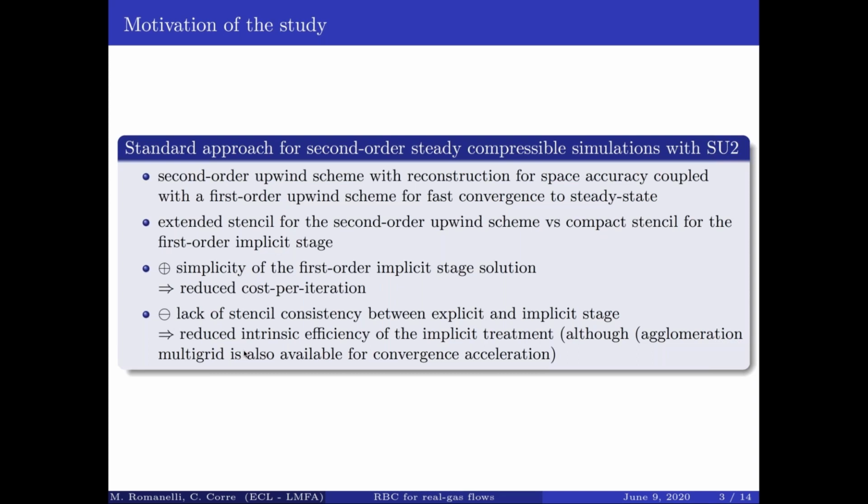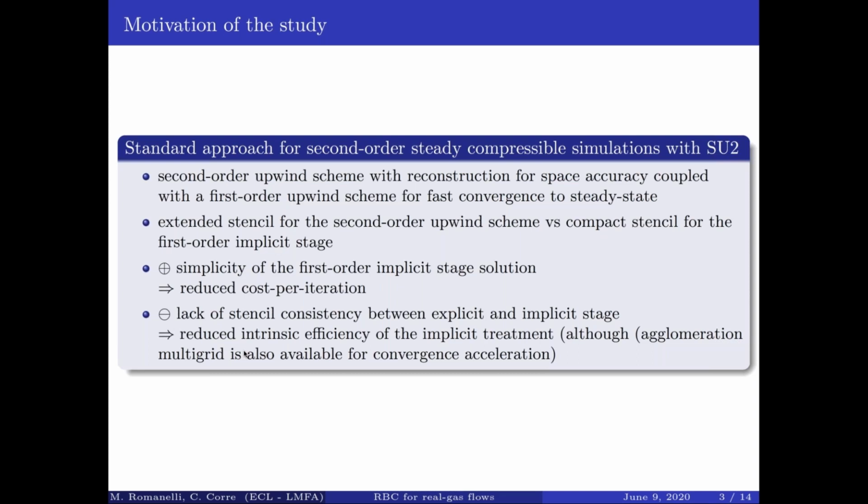And basically, what will happen is that you will have a second order upwind scheme with some extended stencil because of the reconstruction, coupled with an implicit stage, which will be basically first order, so on a more compact stencil. And of course, this is a good point that you have a compact stencil first order type for the implicit stage, because it's a reduced cost per iteration.